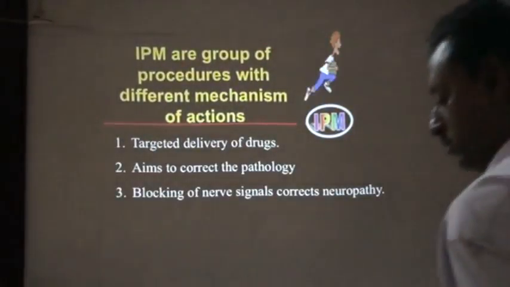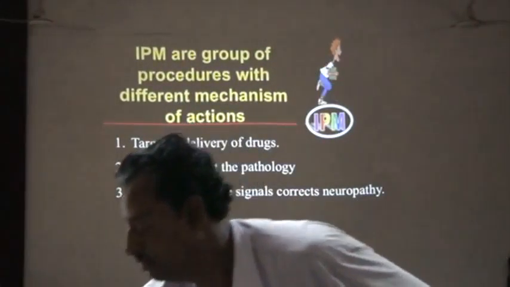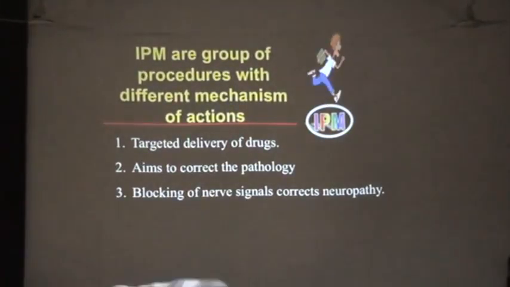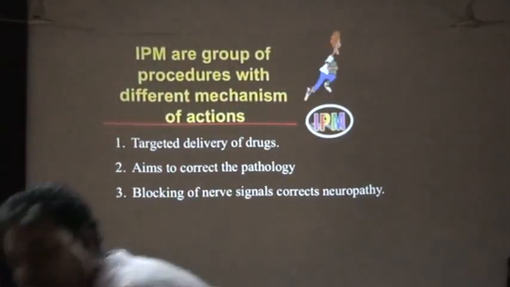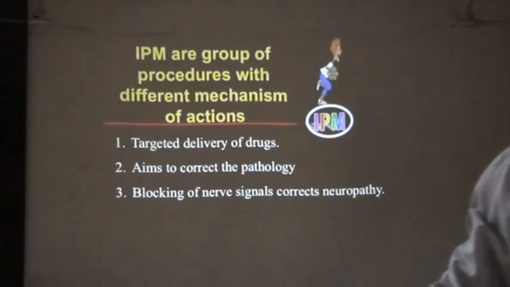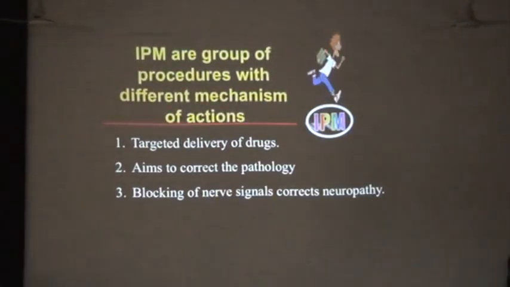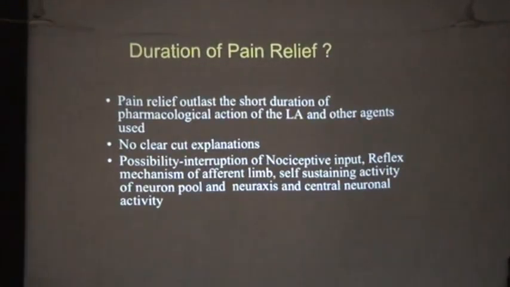So the target is targeted delivery of the drug, aiming to correct the pathology. Sometimes the local steroid works as an anti-inflammatory, or sometimes, as I said, we give the stimulator which works on the gate theory. This way we sometimes correct the pathology, or we block the nerve signal current.